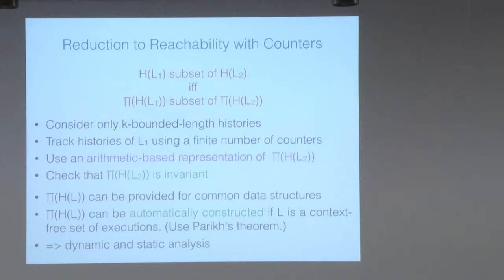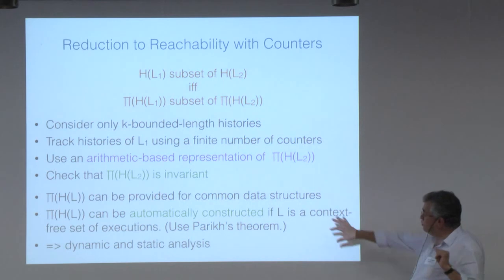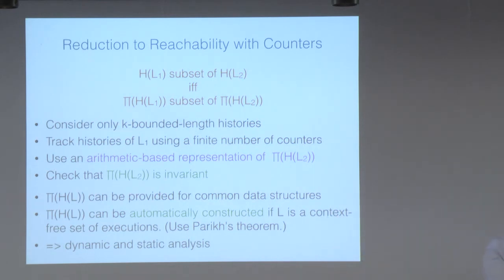But you can also compute them automatically in some cases. But here you have to assume that the number of methods and the number of values that you manipulate is finite. And in that case, you can use what is called the Parikh image computation in the case where your data structures are bounded and represented in a regular or in a context-free way.